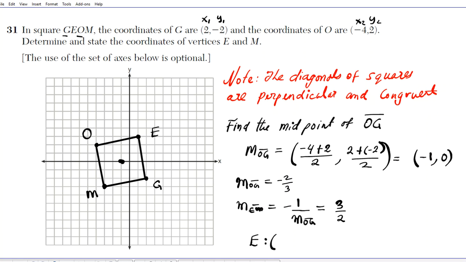They are 1, 3 for vertex E. And for vertex M, the coordinates are -3, -3 for the x and y coordinates. So this is just one way of finding the coordinates of the vertices of a square using the graphical approach.